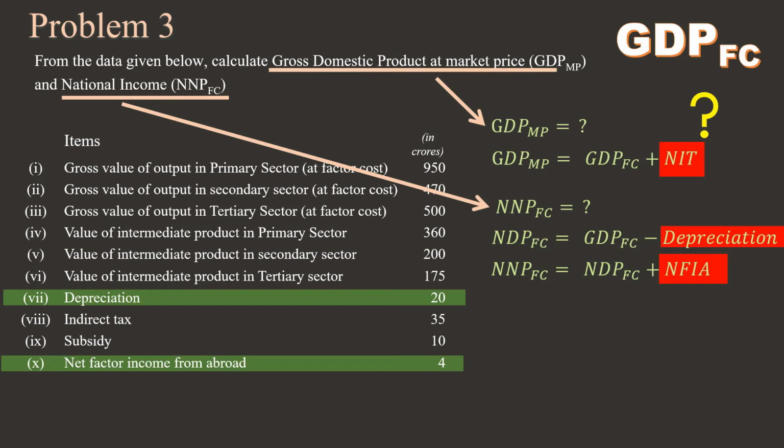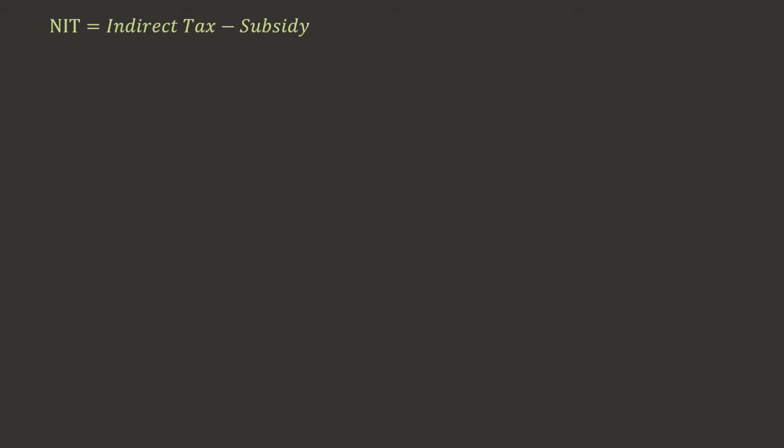First, start with the preliminary calculations. Start with NIT. NIT equals indirect tax minus subsidy, 35 minus 10, 25 crores. Now, start doing the main calculations.